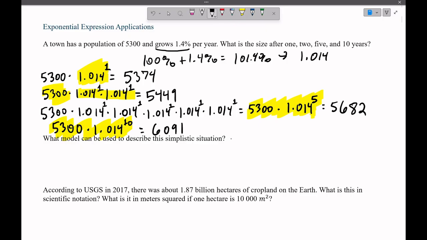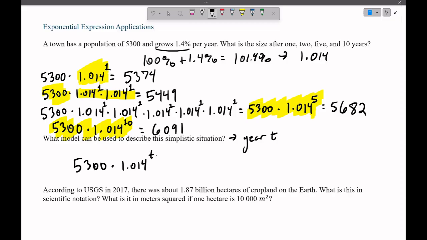So if we're going to talk about a generic year t, I can talk about any year that I want. I can even talk about half years, things like that. And I'm using t for time. The model for this is going to be 5,300, because that's our starting amount, times 1.014 to the power of t.